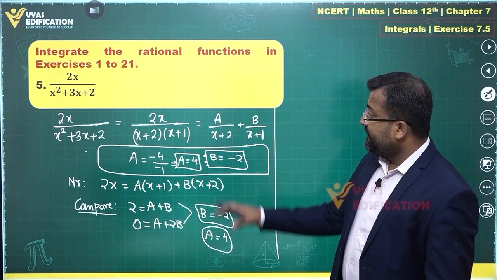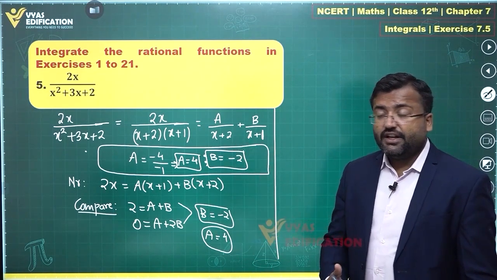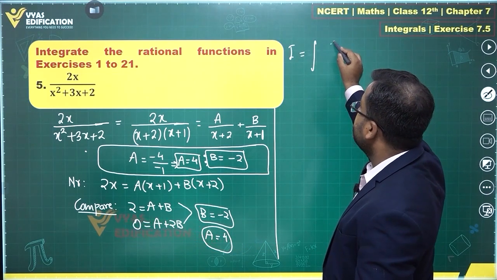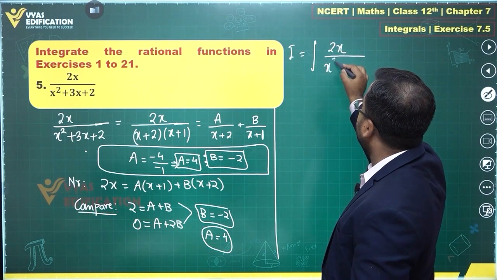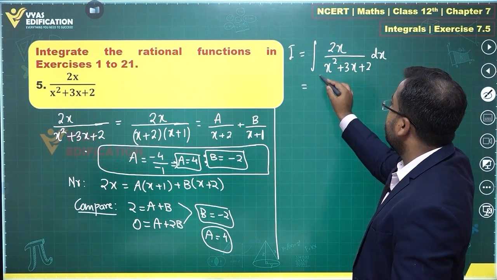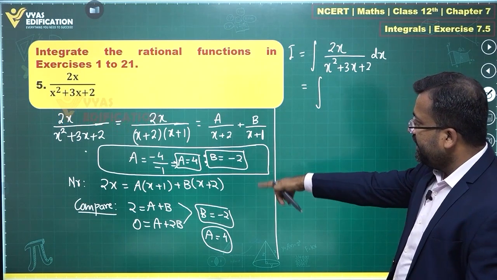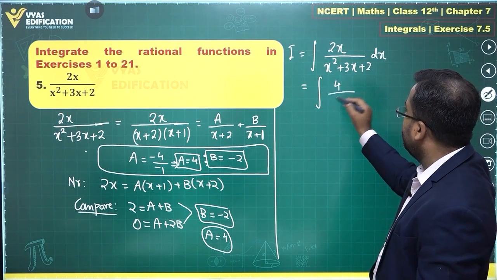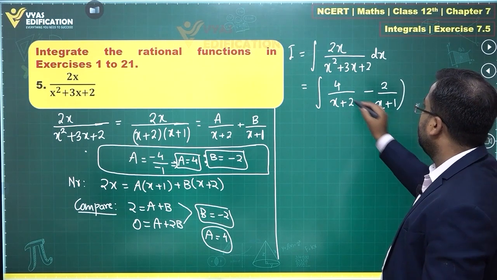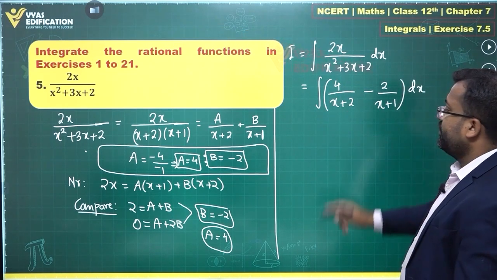After this, we have converted into partial fractions. Next we can talk about integration. Integral of 2x upon x square plus 3x plus 2 dx has been written as integral of a upon x plus 2, which is 4 upon x plus 2 minus 2 upon x plus 1 dx. This is what you get.